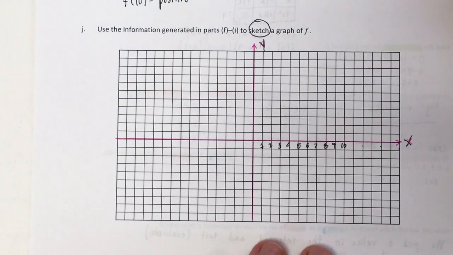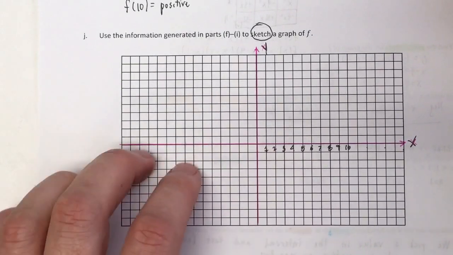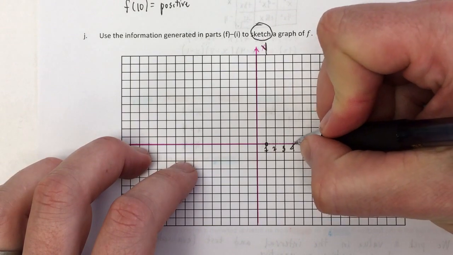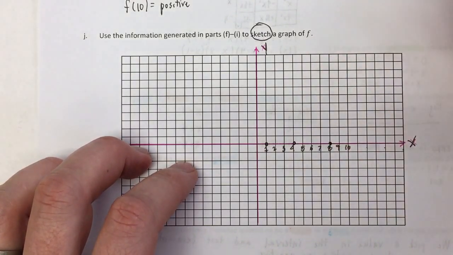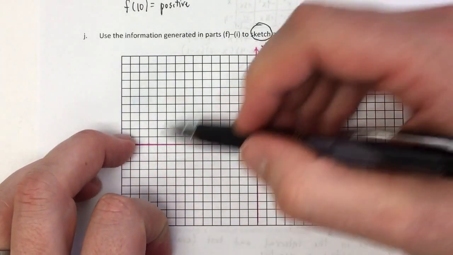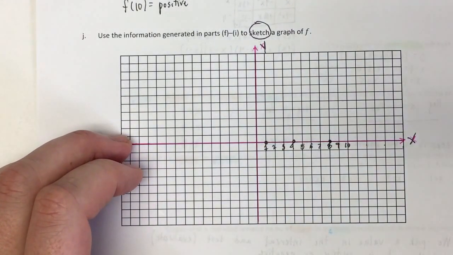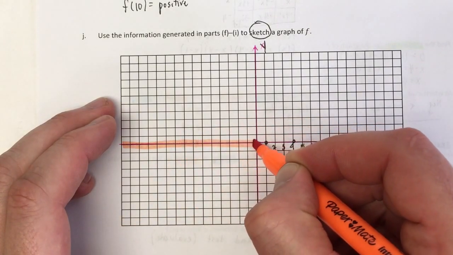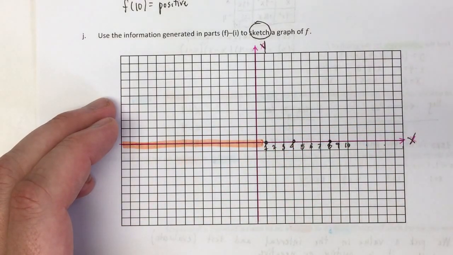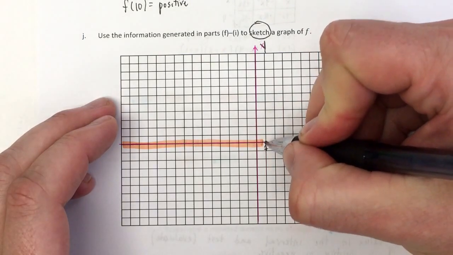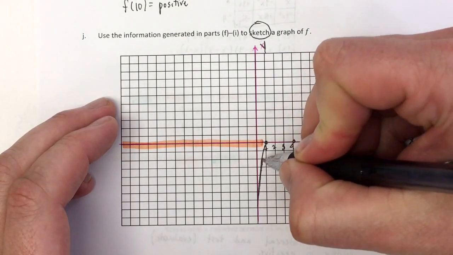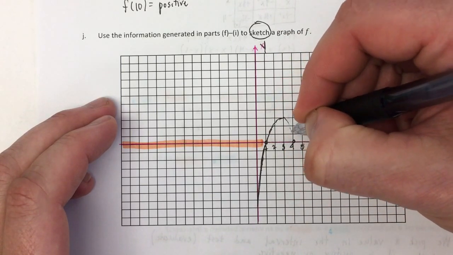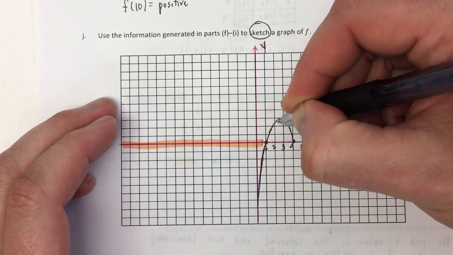And so the zeros indicate to me that one was at 1, another one was at 4, and the final one was at 8. And so in this whole interval, from all those negative numbers up to just 1, it's going to be a negative value. So you have this graph, it comes up, and then it bridges over into the positives, but it has to come back down because we have another 0.